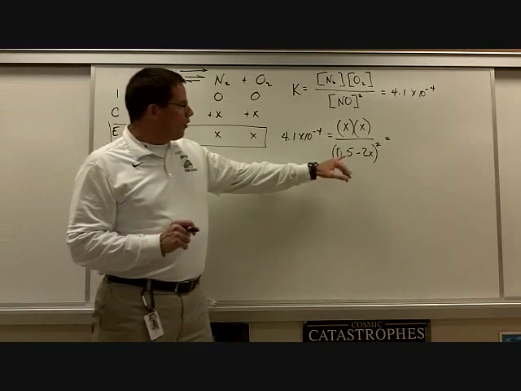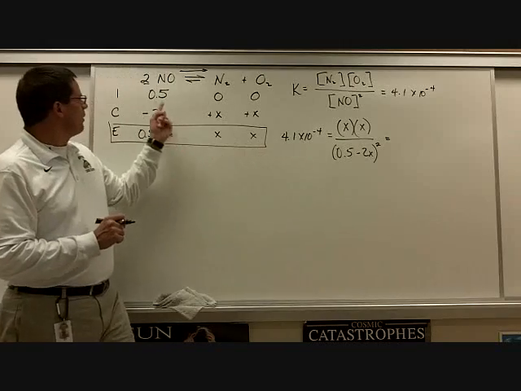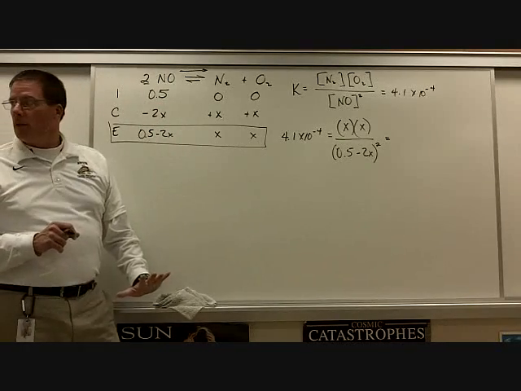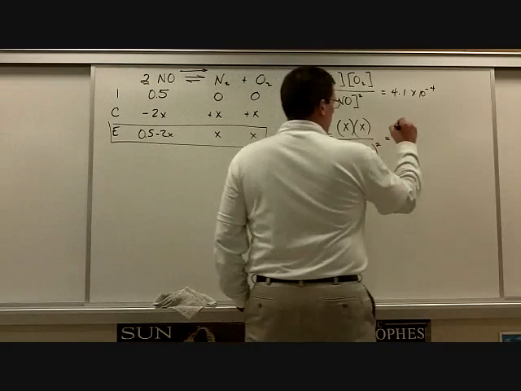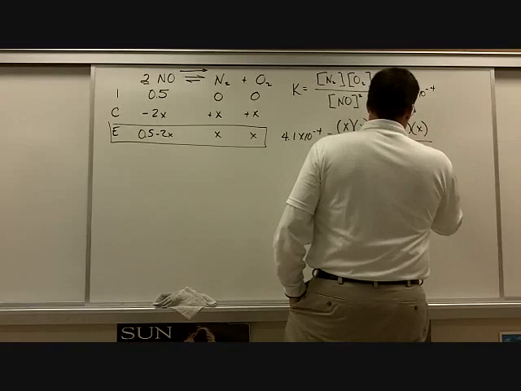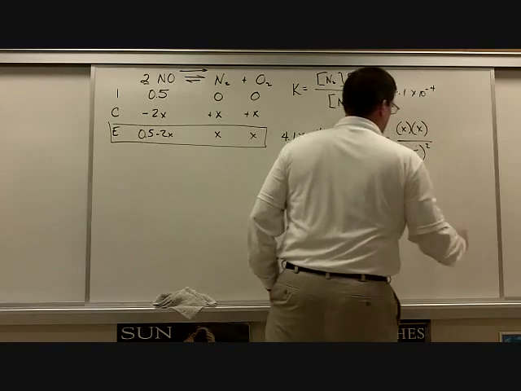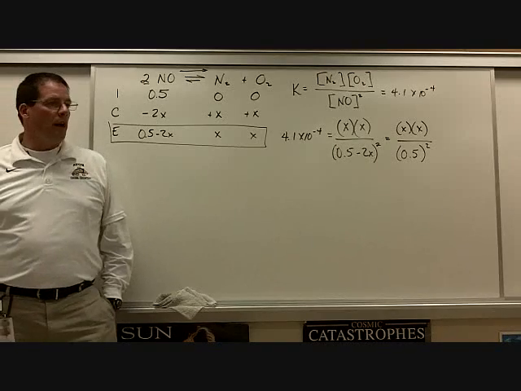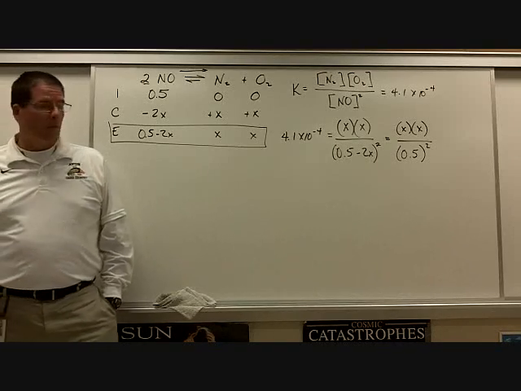Like in this case, we're only given 0.5, we drop the x. So we rewrite it like this. We drop the x, or in this case, 2x. This is the 5% rule.